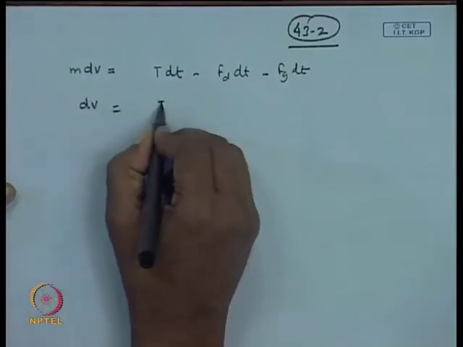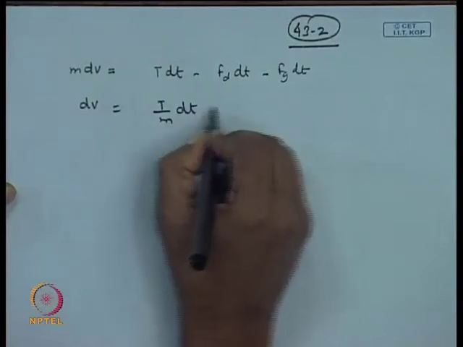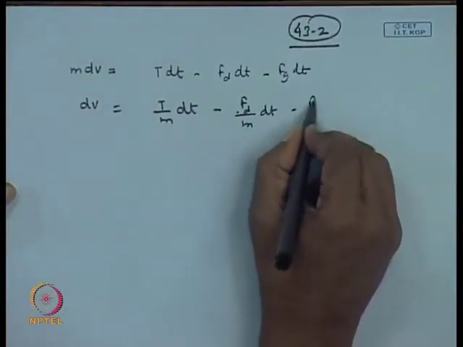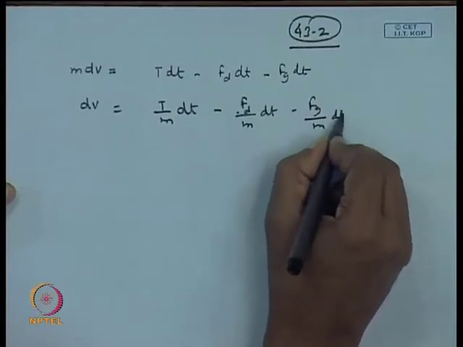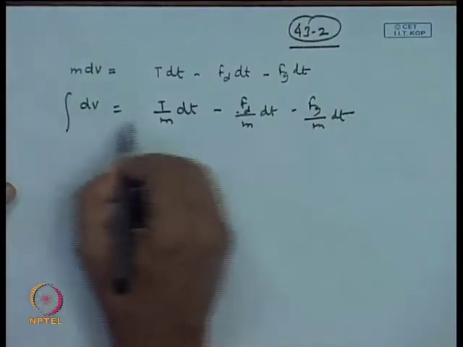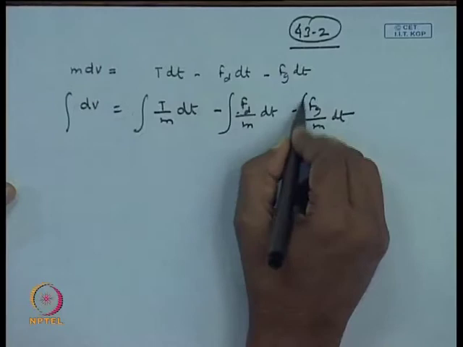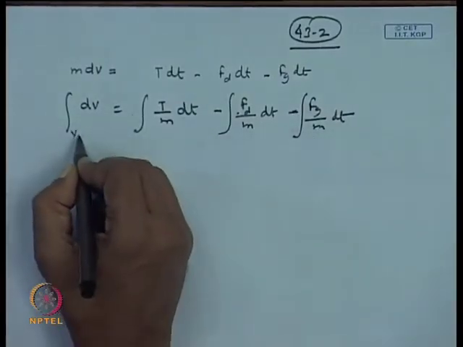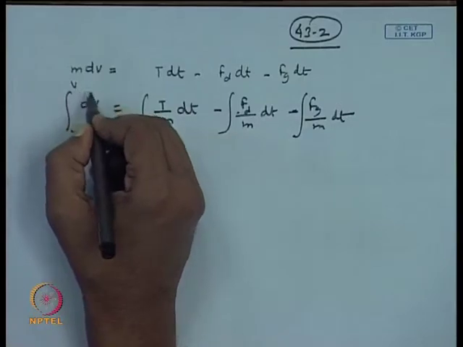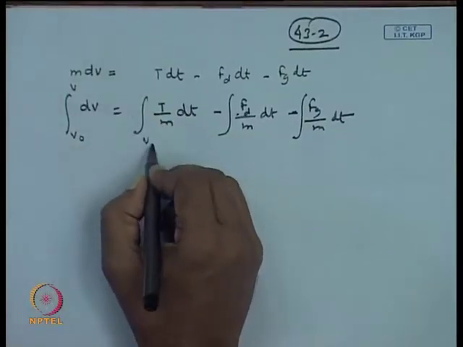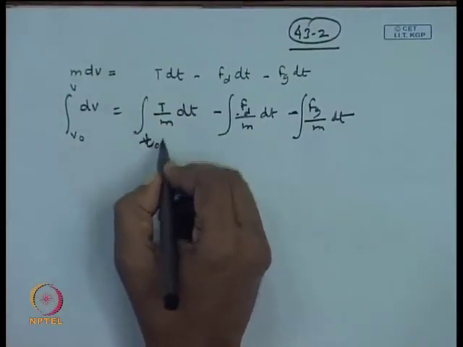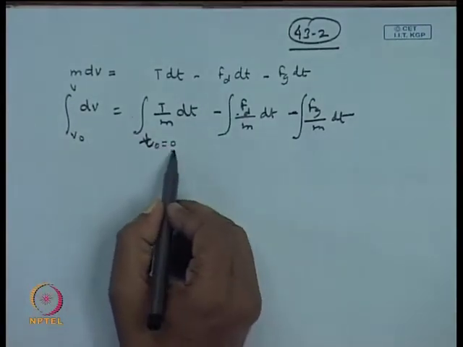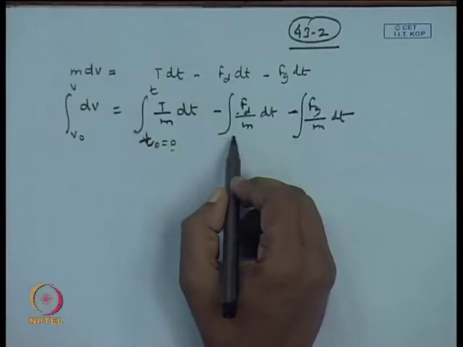And dV becomes T by m dt, and if we integrate it between V_0 and V, we can assume t_0 to start at t equal to 0.